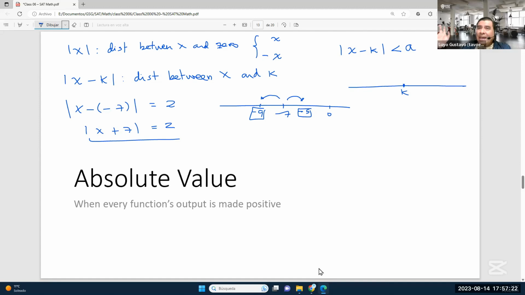And think about a positive units as trying to plot like a circle, like some sort of radar here, a units in all directions. Obviously, a units to the right would be k plus a, and a units to the left would be k minus a. So where is x? X is in any of these possible positions, because any number in that shaded region of the number line will always be less than a units away from k.